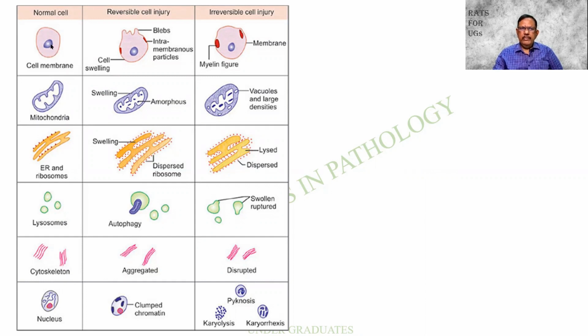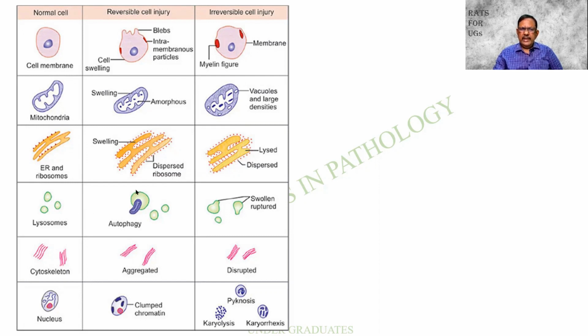What happens to them? Initially, there will be cytoplasmic blebs, and then swelling of the cell. But later on, there can be membrane damage or myelin figures in irreversible injury. Initially, swelling of the mitochondria, but then there can be vacuolation. There can be swelling of the ribosomes and dispersal, later on lysis.